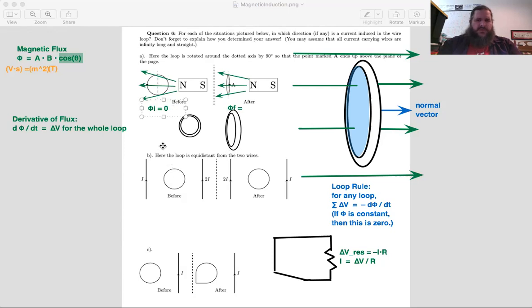I should probably draw those the same size since they're supposed to be the same loop. And we've specifically rotated it so that the point that was originally on the left side of the loop is now on the edge close to the viewer. So something like that.